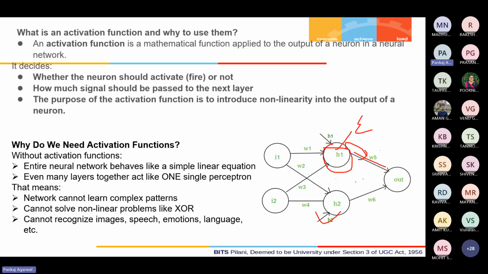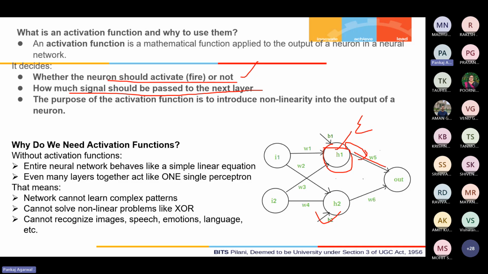How I would pass on what I got also needs to be understood. It's not that whatever I receive, that same amount I would pass on to the next layer or stage, right? So first, whether the neuron would activate or not, activate meaning whether I would pass it or not, that decision has to be taken. Then how that signal should be passed.